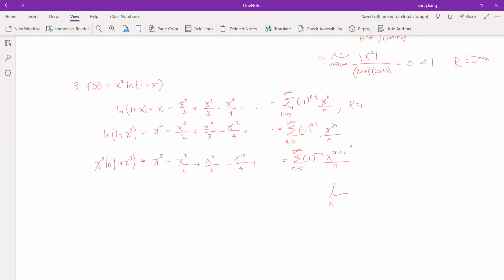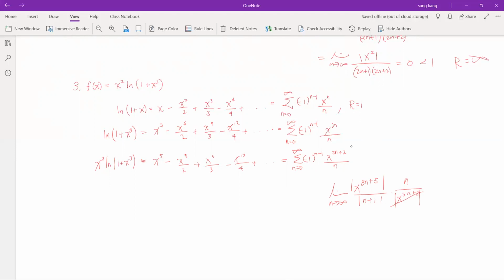So limit, a n plus 1 is x to the 3n plus 3 plus 2, over 3n plus 5, times n over x to the 3n plus 2.